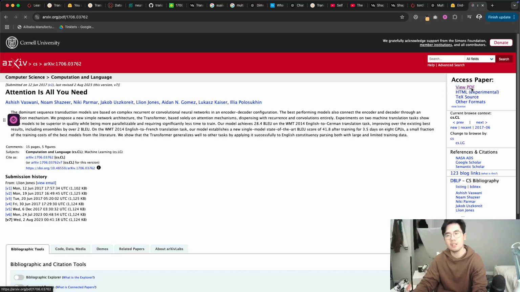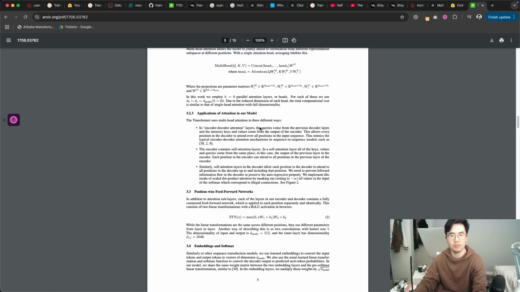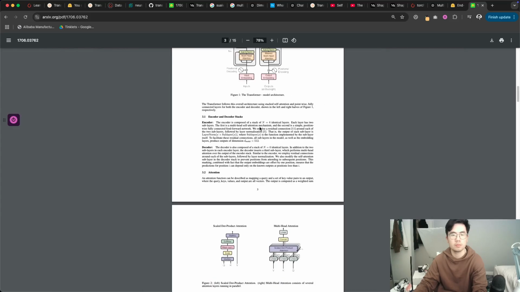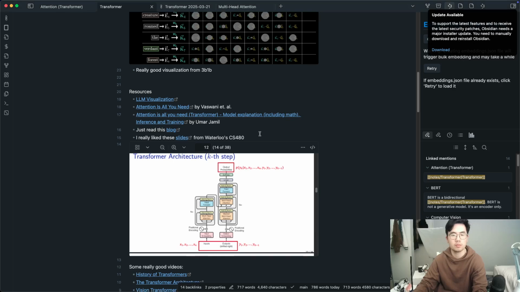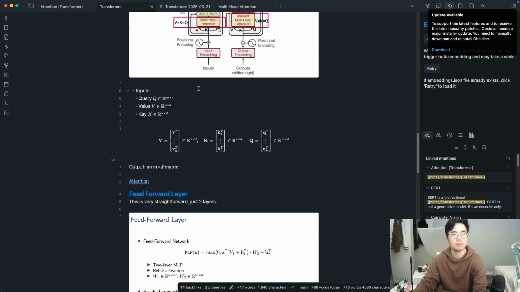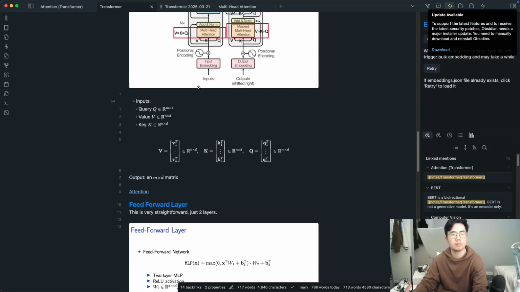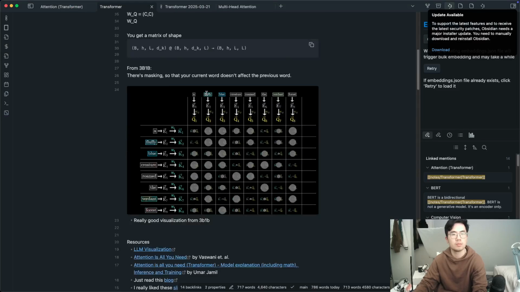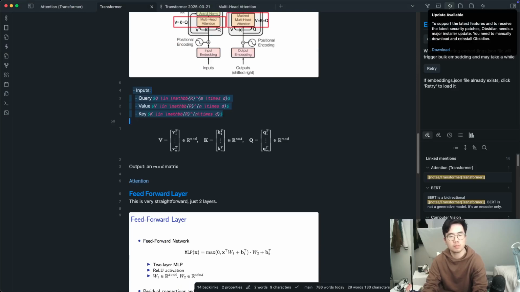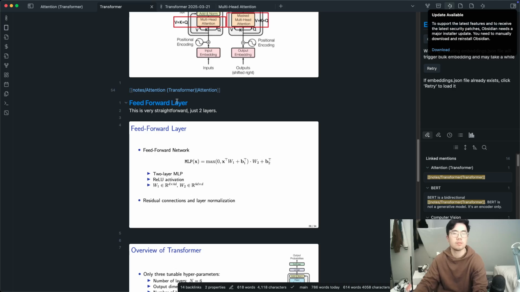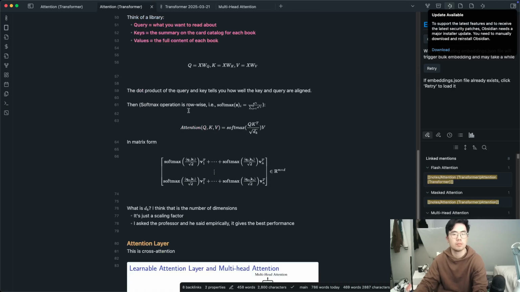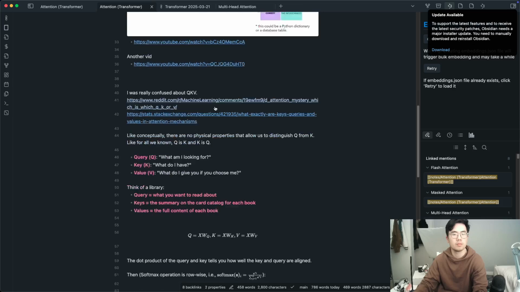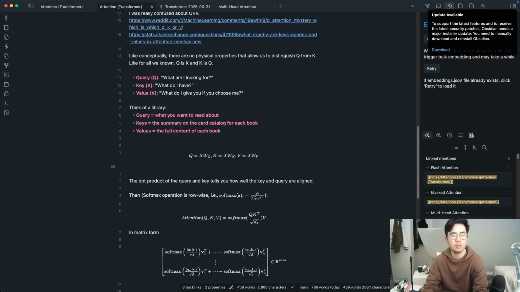Anything that's not in the original paper, I don't think I should look at. Oh well, where did it go?